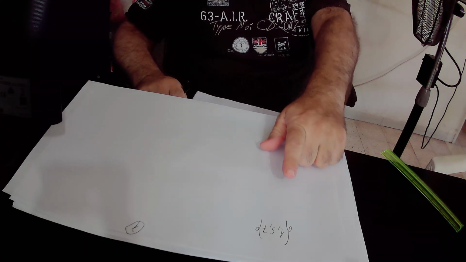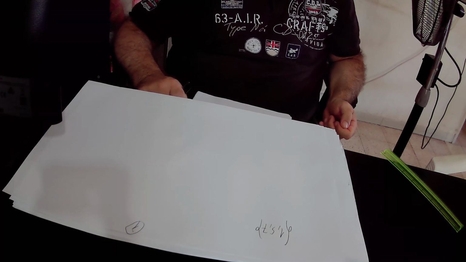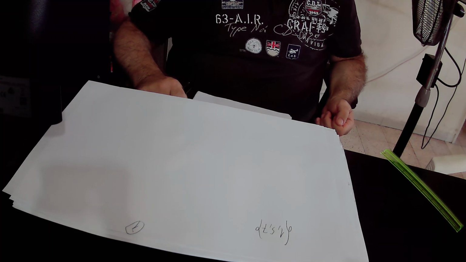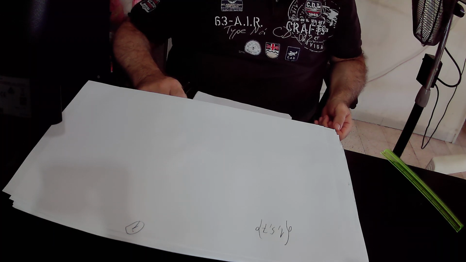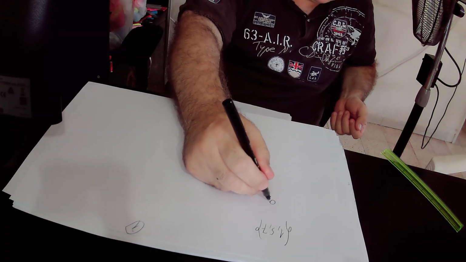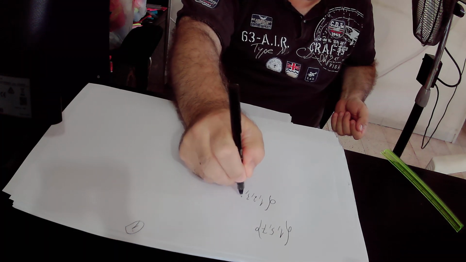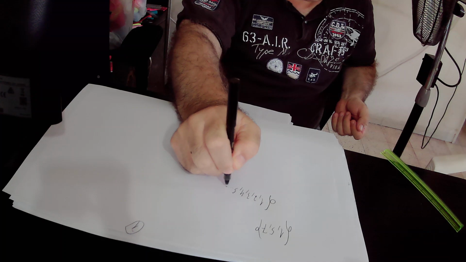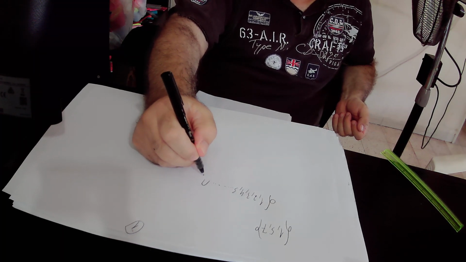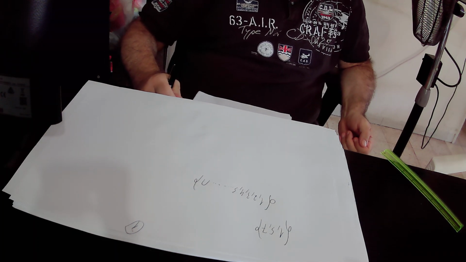This sequence is a finite sequence that contains only three elements, while the sequence of the natural numbers, that is to say 1, 2, 3, 4, 5, until n, contains infinite numbers.